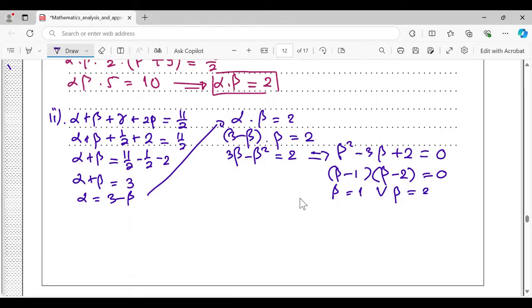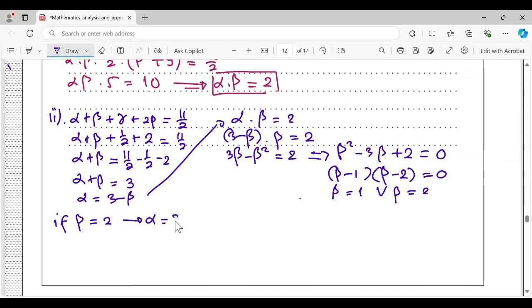Next, I'm going to move here. So if beta equals 2, it means alpha equals 3 minus beta.